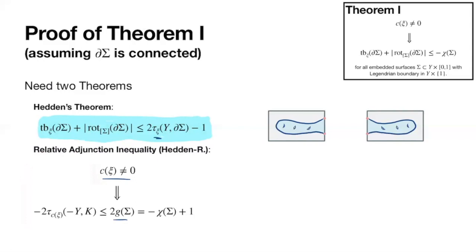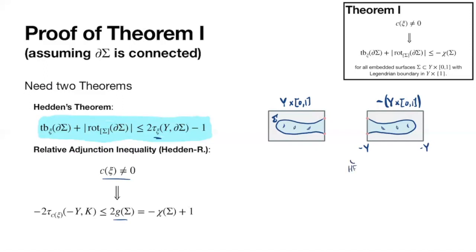So why does the contact invariant being non-trivial imply this bound? Let's start with y cross 0, 1. Sigma is some embedded surface in there. What I want to do is flip this around, so I'm going to look at minus y cross 0, 1. Here's minus y. I can think of it as a cobordism from minus y to itself, and that induces a map on Floer homology.